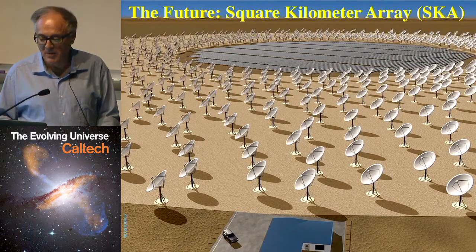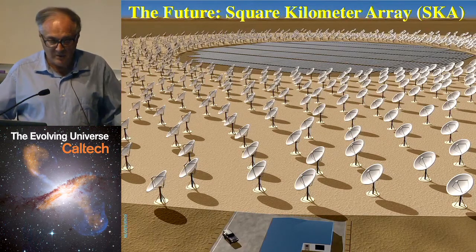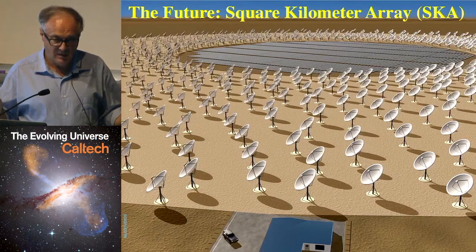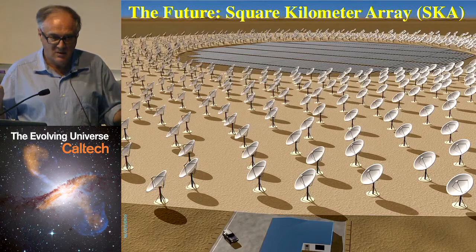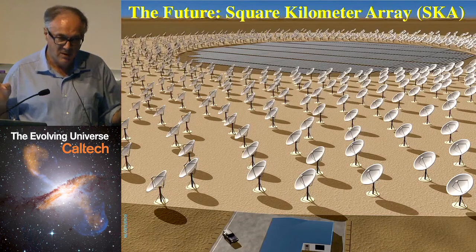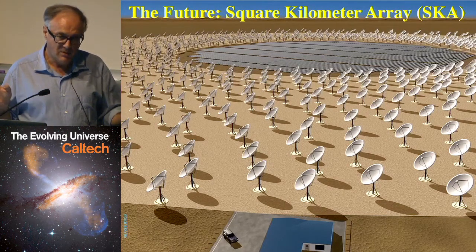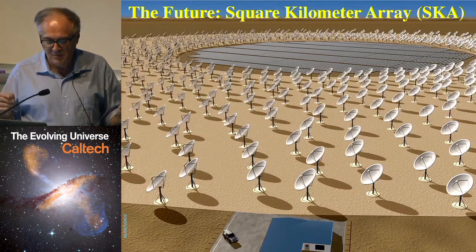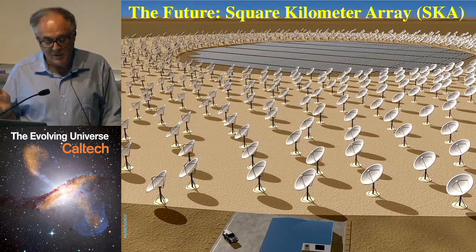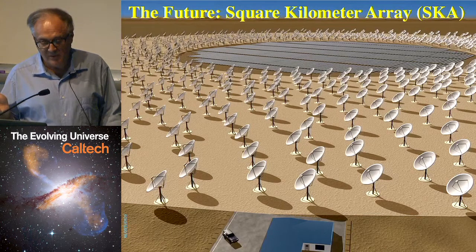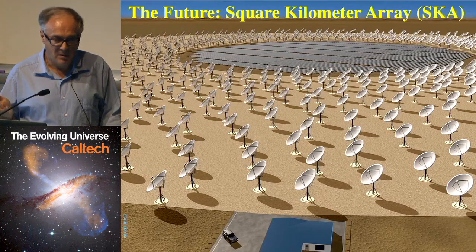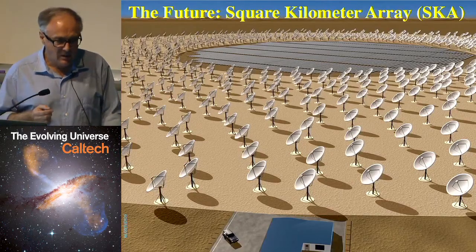And the square kilometer pertains not to the area over which they're spread, but to the total collecting area of all of the antennae. And they'll be spread over tens or hundreds of kilometers in each one of those sites, and the sites will be a few thousand kilometers apart. So this is a project that everybody's looking forward to. The construction hasn't started yet, and it hasn't been fully funded, but it's moving along, and sometime in the 2020s, this will probably be the single most powerful astronomical instrument ever. Okay.